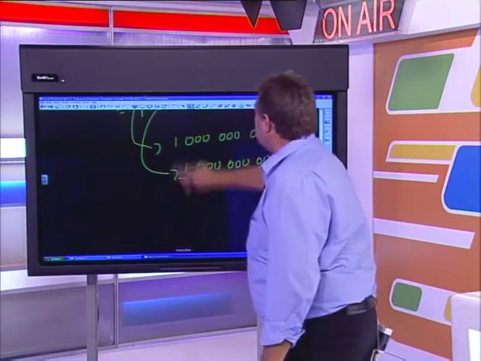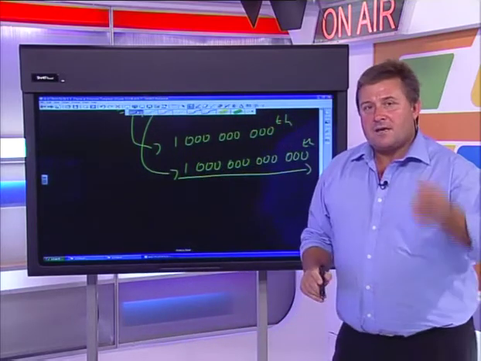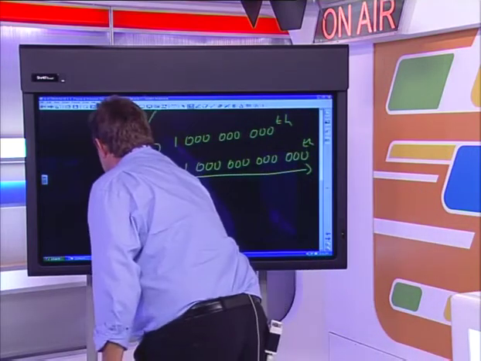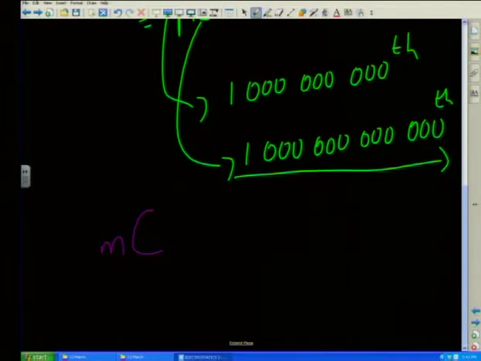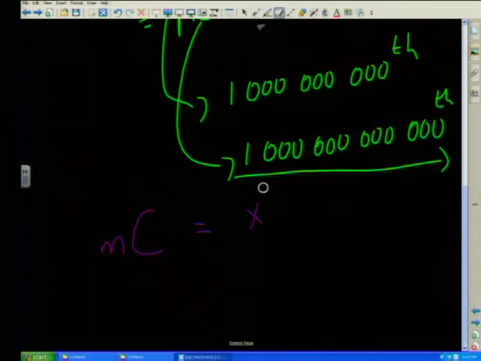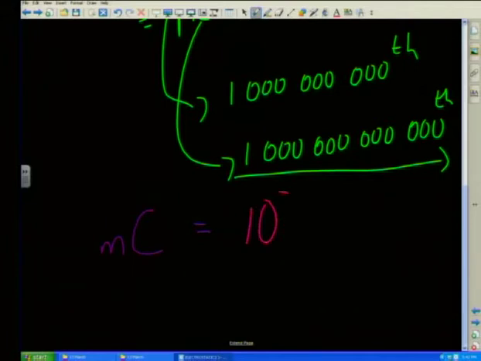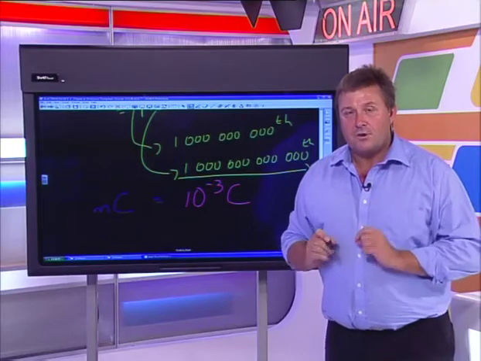If we talk about a millicoulomb, which is a thousandth of a coulomb, the symbol is mC, with a small m and a capital C. We represent it as 10 to the minus 3 of a coulomb. That represents a thousandth.